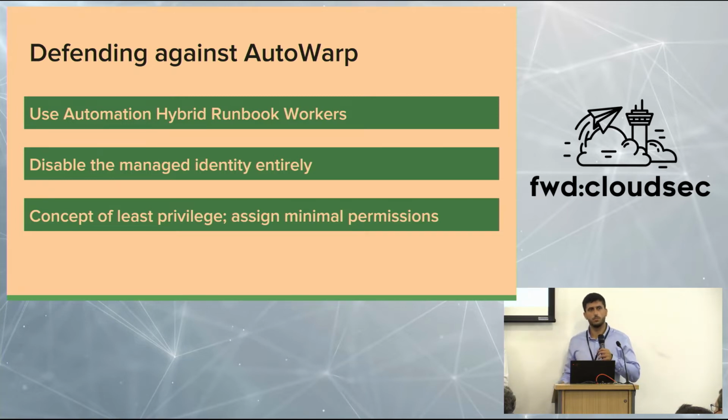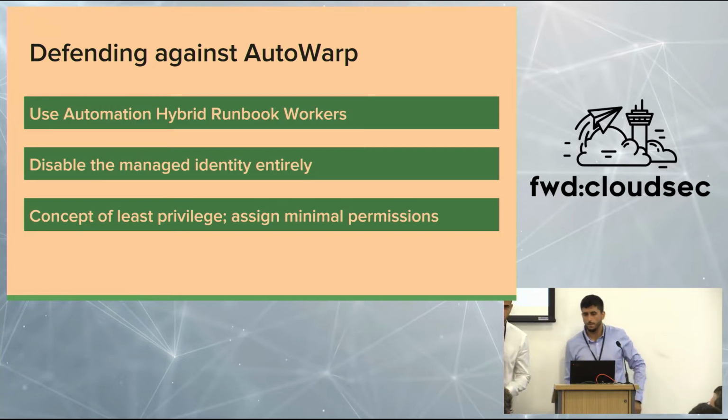If you assign minimal permissions, it's less likely that an attacker could do big harm to your account. It's best if you always apply the concept of least privilege and have your account as secure as possible. Right now, this is the case study for AutoOp, and let's move on to the next one.